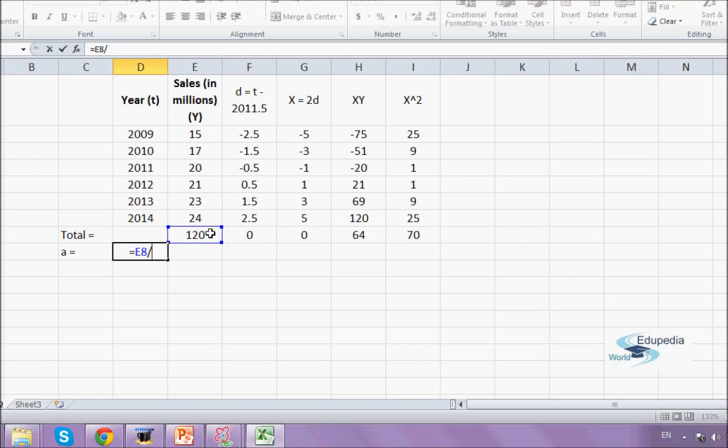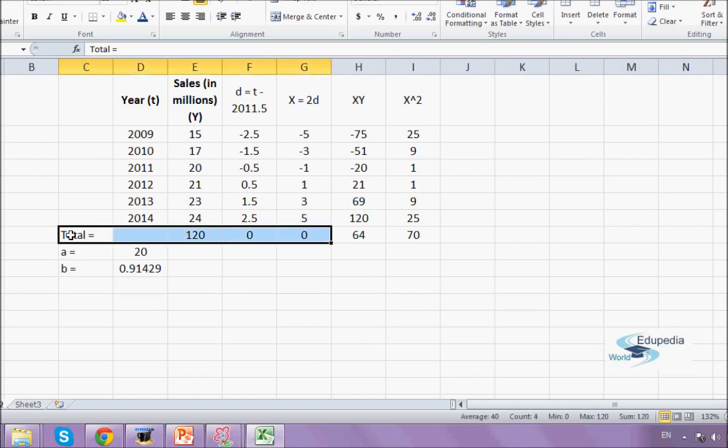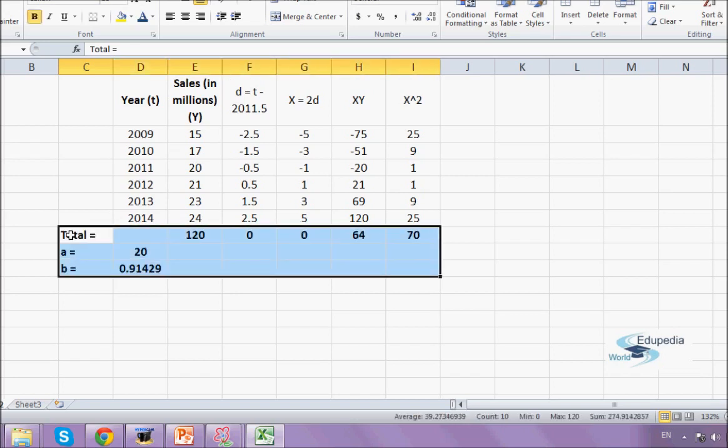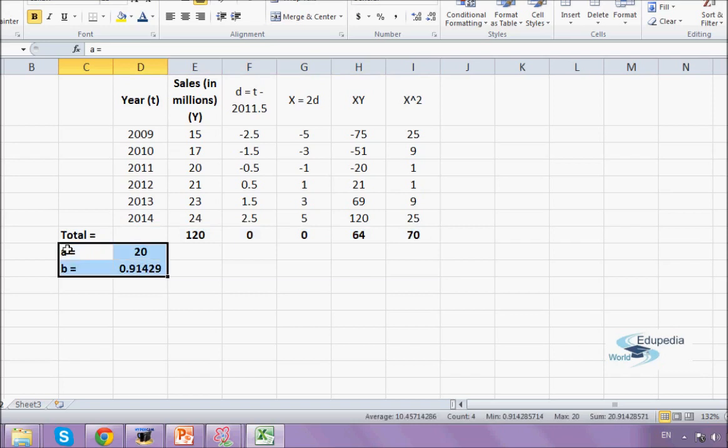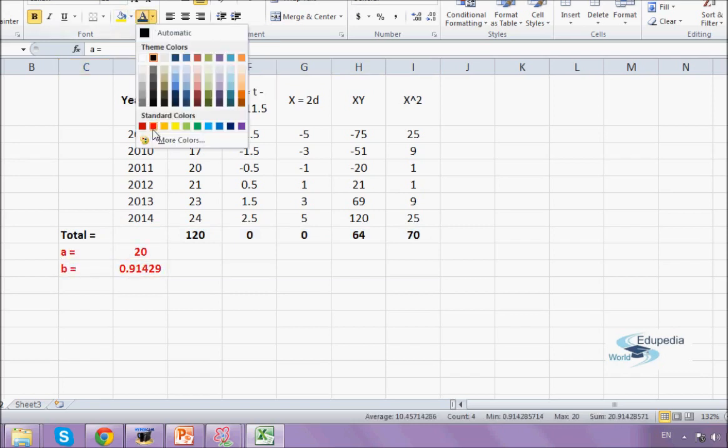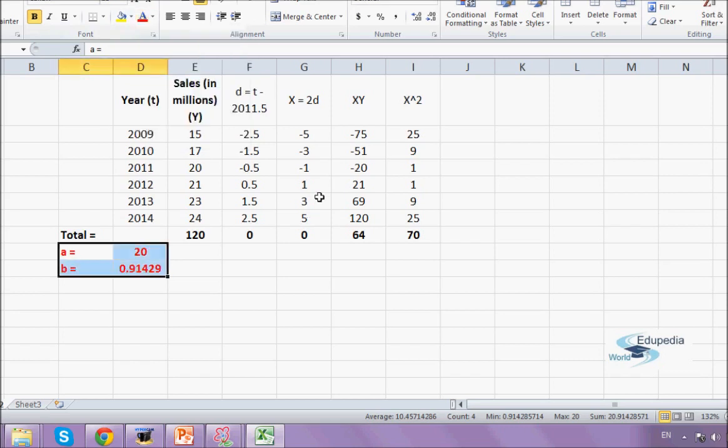This time we have 6, so the value of a is 20, and b would be equal to sum of x multiplied by y, which is 64, divided by the sum of x square, and b happens to be 0.91. So you have both the values of a and b ready. Now I can write my equation.